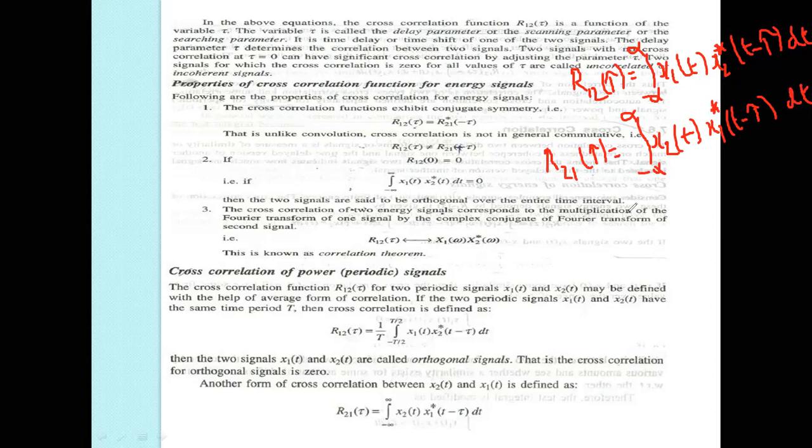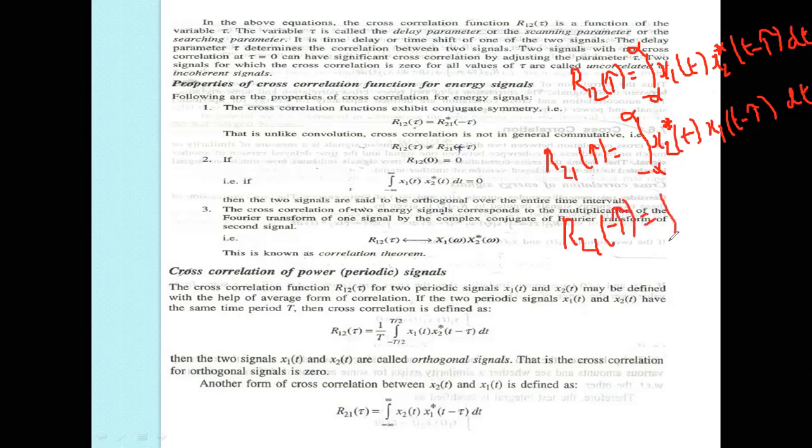Now, I am changing it; the star, you can write here as the conjugate value. So take this as a star. Now R12 of tau is equal to R21 of, take this as minus tau.